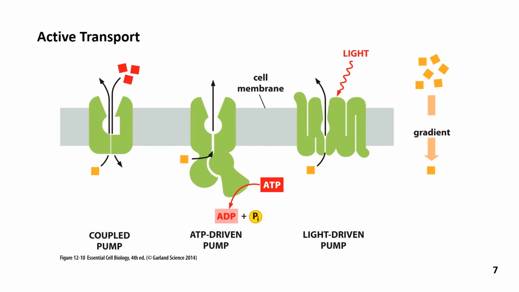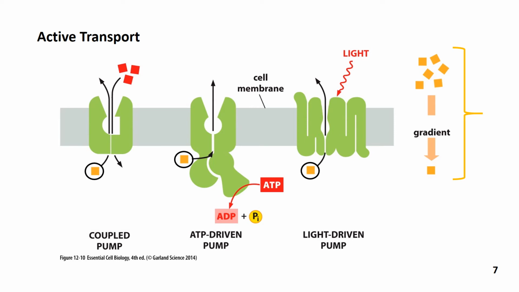Each of the proteins shown in this image are moving these yellow square molecules from one side of the membrane to the other. Looking at the gradient, the concentration of yellow square molecules is higher on the top of the membrane than it is on the bottom.